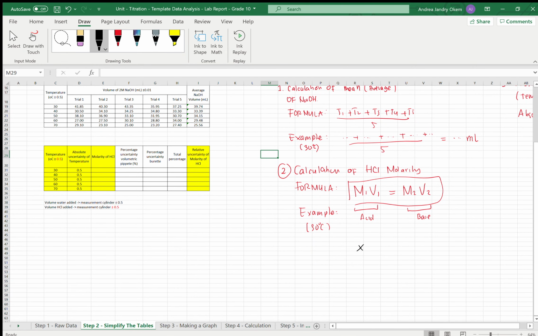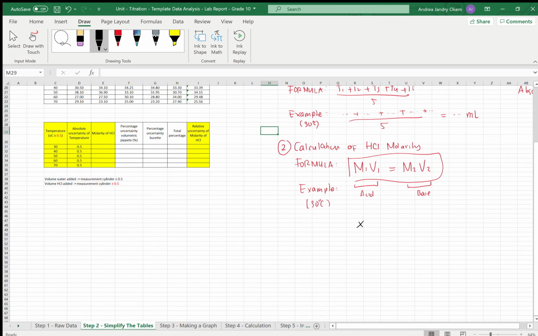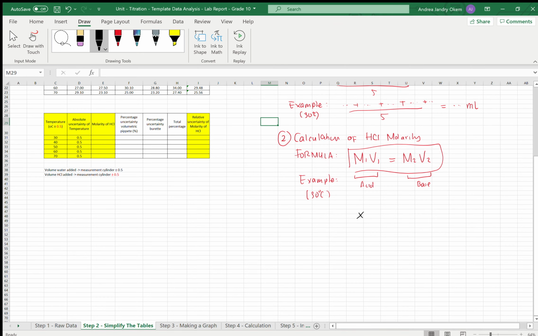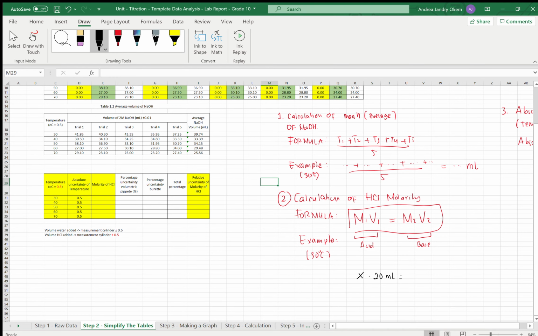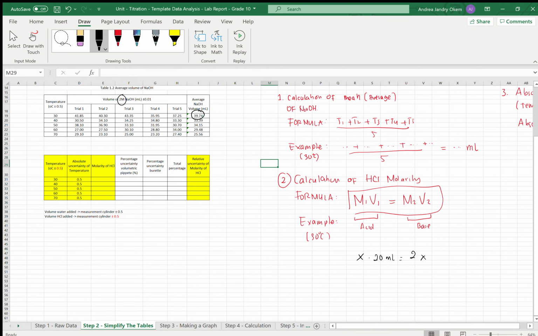Now you can see later in your experiment data, it is 20 centimeter cube or 20 milliliter. The molarity of the base is 2 molarity, so I will put 2 times the volume. I will use the average volume of NaOH, which is 39.74.